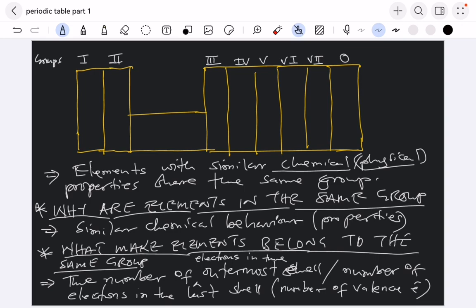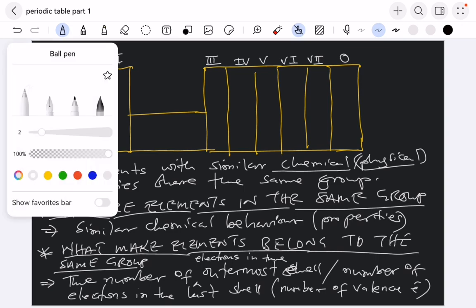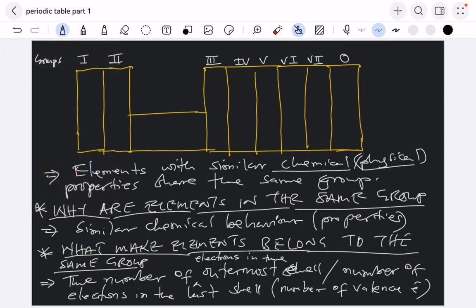So for you to belong to group 1, it means that you should have the same number of electrons in the last shell. That's why when you go to group 1, you will find the configurations such as 2, 1, 2, 8, 1, 2, 8, 8, 1.